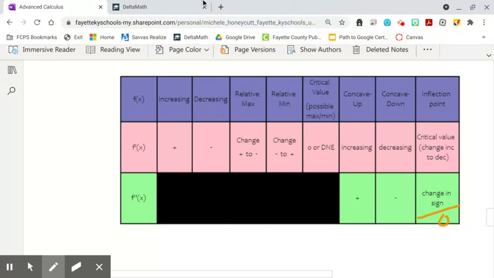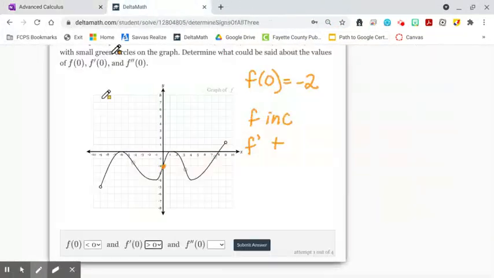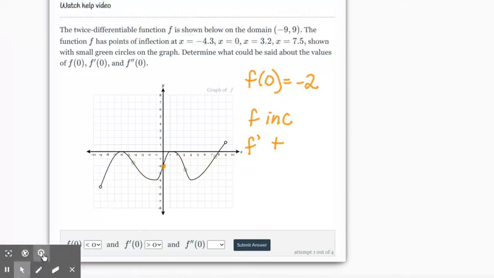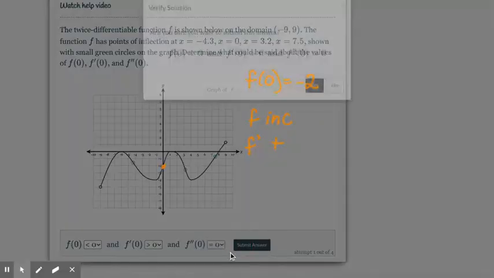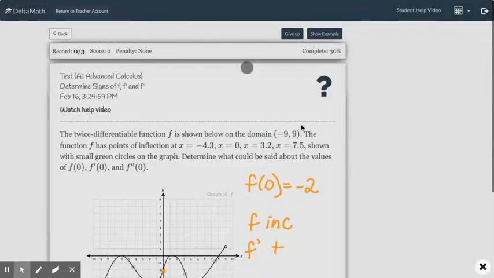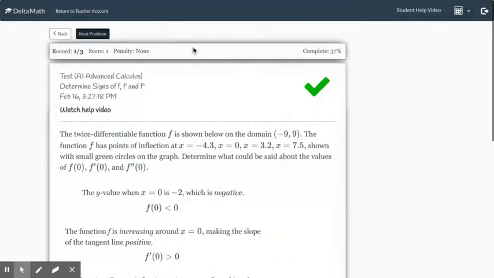We're going to say the second derivative is going to be 0. Yay!